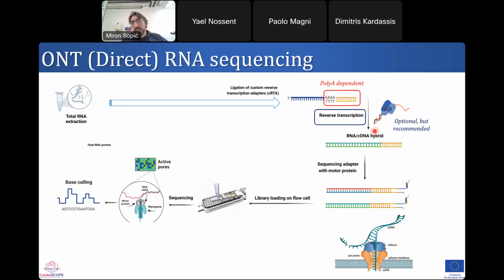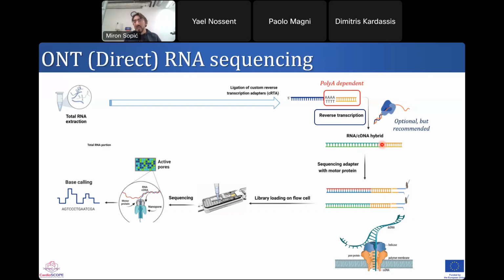After you add this, you do reverse transcription, and then you get an RNA-cDNA hybrid. Now, you can clearly ask me, okay, Miron, why do you do this? Why do we need this? Because if it's direct RNA sequencing, why do we convert it to cDNA? In this particular methodology, the point is not to convert RNA to cDNA. Why do we do reverse transcription?